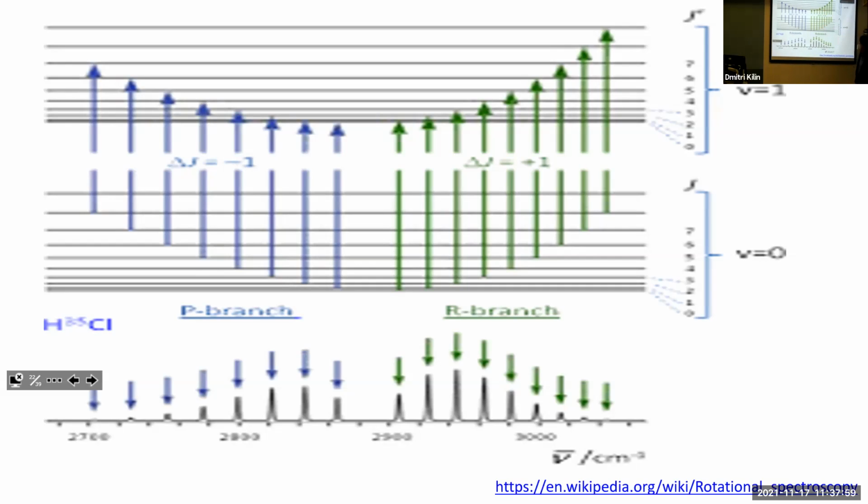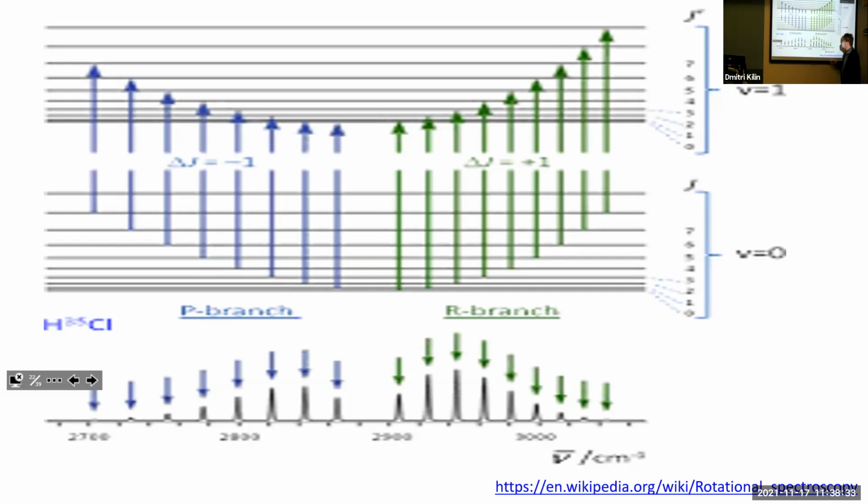So not every transition is available, and not every energy is possible. So only selected pairs of states are available, and the states differ from the central frequency, when it is absolutely equal to the excitation energy of the vibration, by little offsets, both to the increase and decrease of energy.